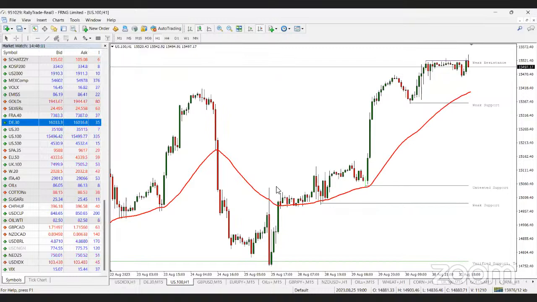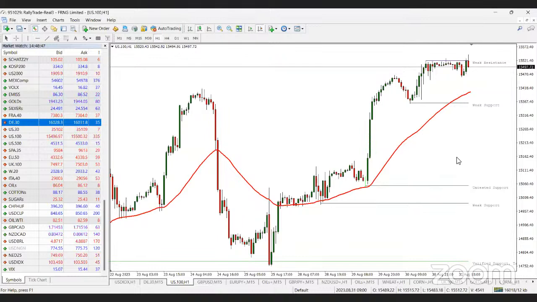If you have two consecutive bearish candles form below the 50-period moving average, one bearish candle closes below the moving average, and the next candle is also a bearish candle that closes below, then I would advise you to consider a further sell on US 100.